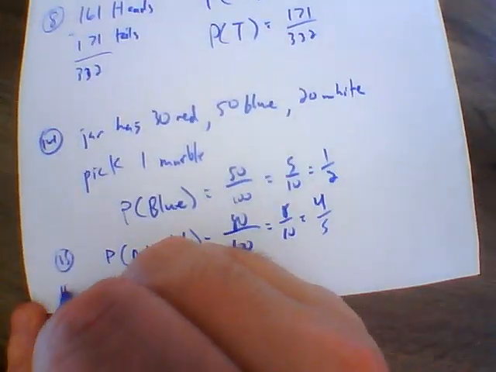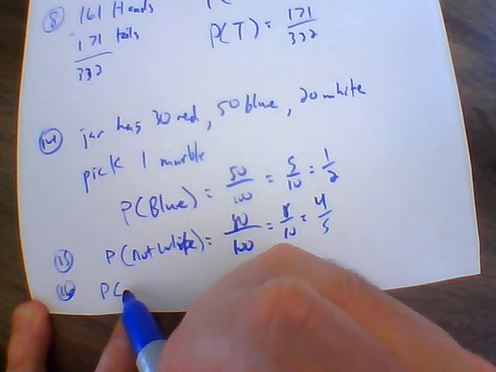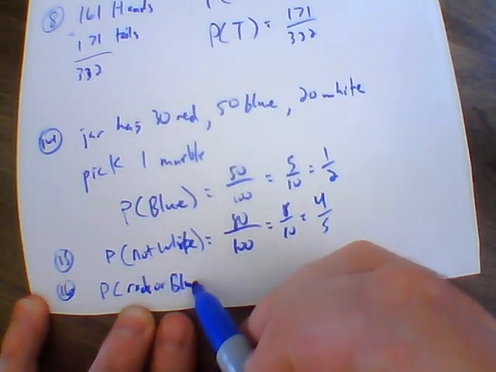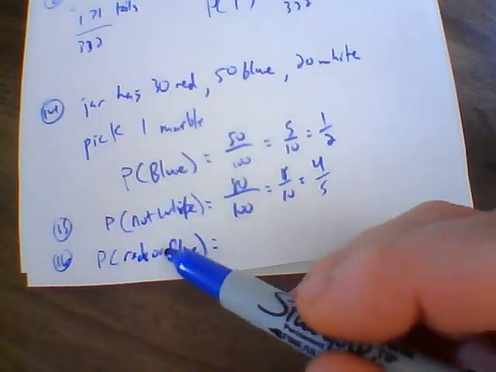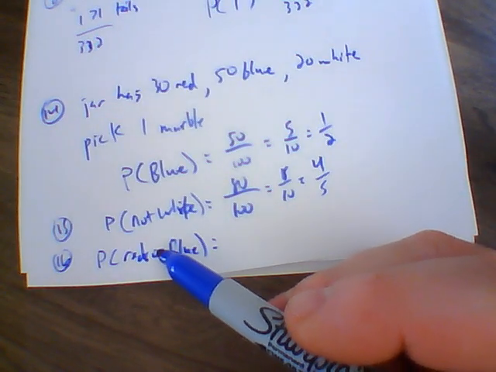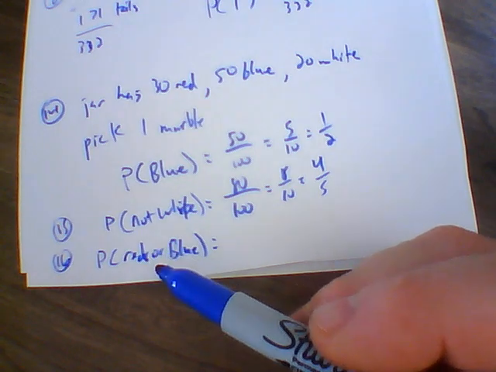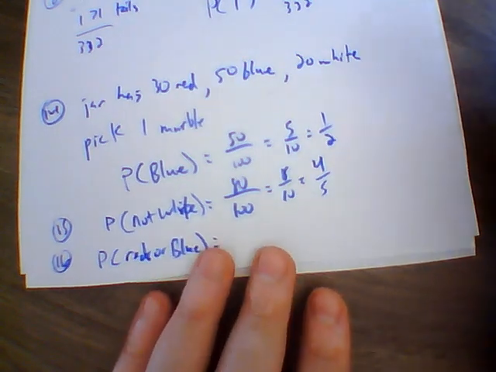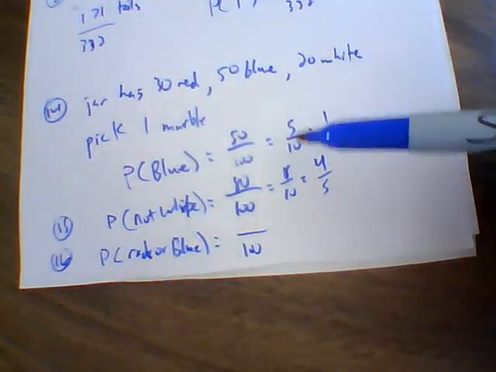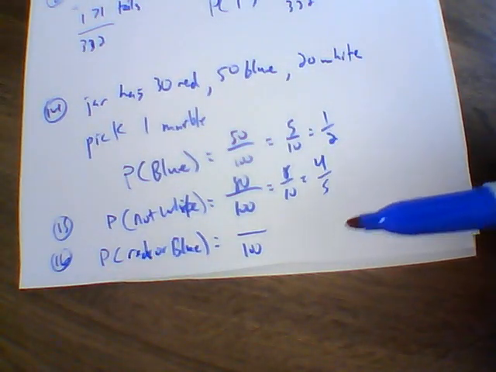And squeezing in here, 16, probability of red or blue. We'll talk about the word "or" in the next lecture, but here we're just thinking about basic, easy problems. Once again, there are 100 marbles in here. How many are red or blue?